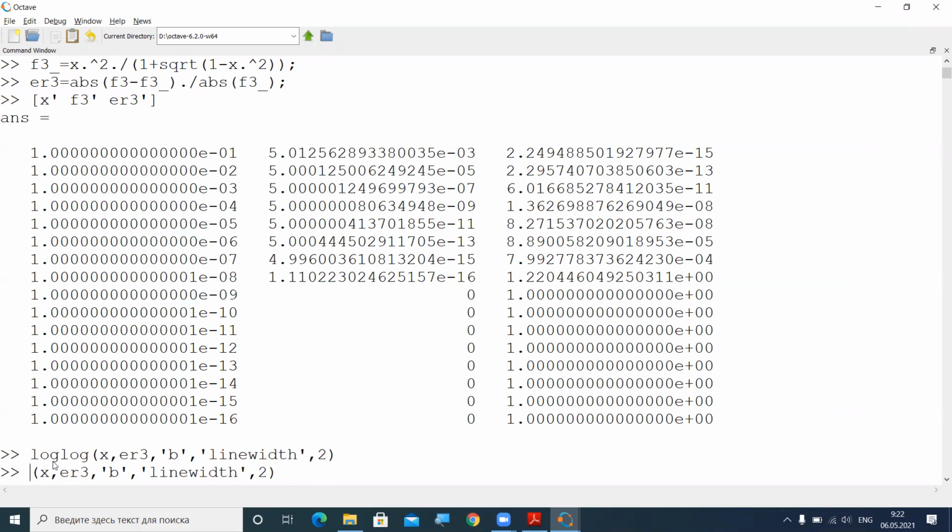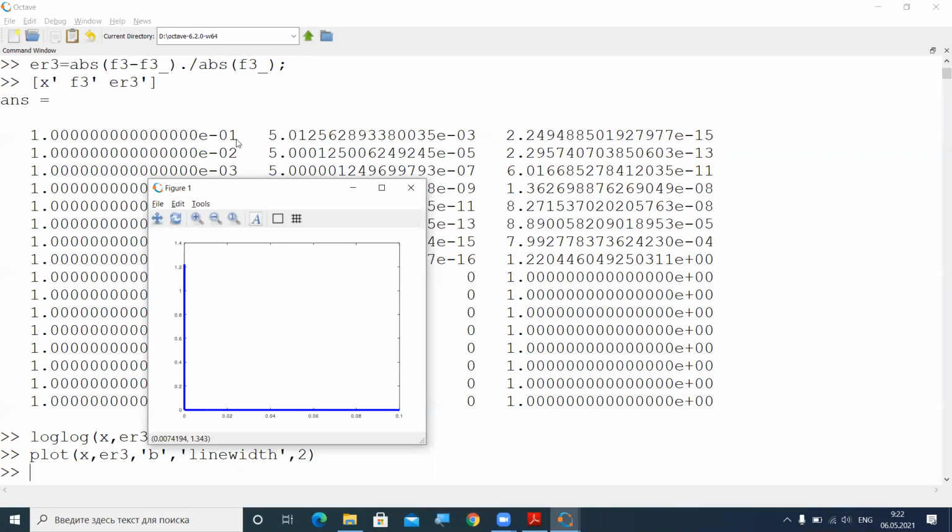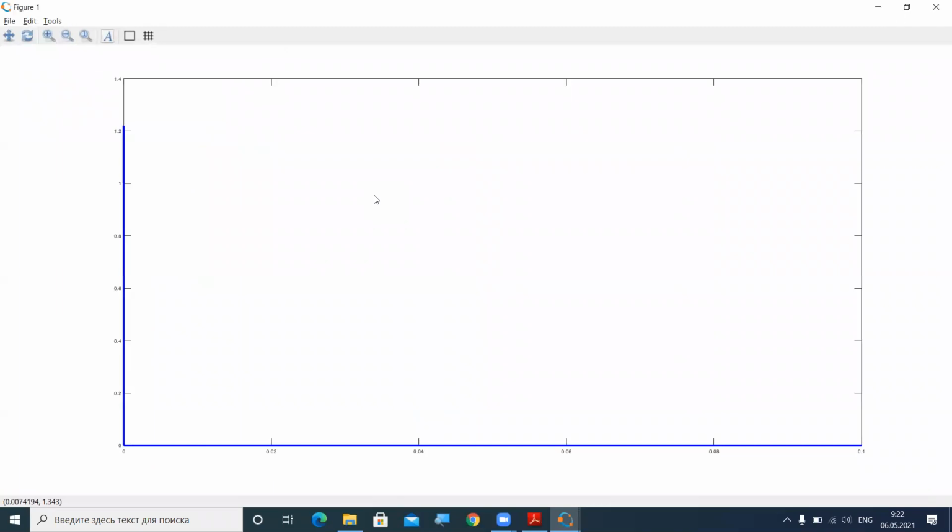If you use plot, it's just a normal scale, and in this case you can see just like this, because here from 0 till 0.1 it takes, and here also from 0 till 1.2 it takes. So the scale is very large in this case to represent this kind of graph, but our numbers are very small. Okay, yes, I understand.